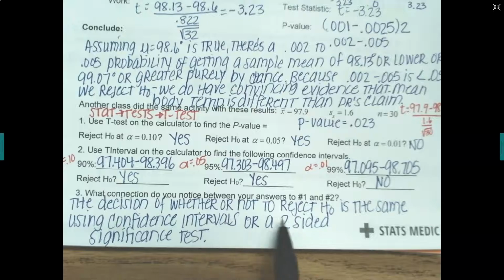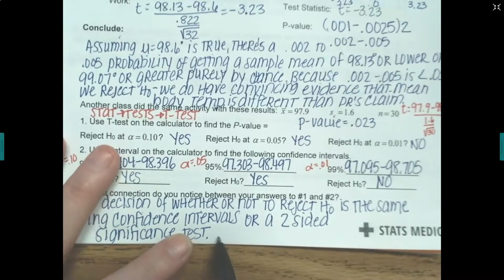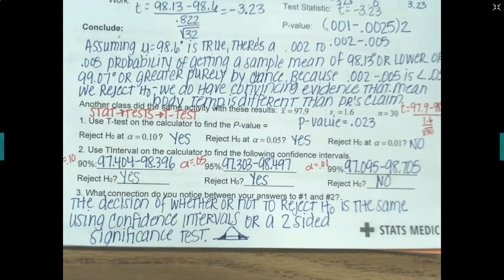The decision whether or not to reject the null is the same using a confidence interval or a two-sided significance test, because the two-sided test, when you draw it, you have shading on both sides. Your confidence interval is what happens between those two shadings. That's your plausible values between the two shadings. So that's how they're related. We have talked through that quite a bit and you already understand the relationship, but I wanted to make sure I pointed it out here.